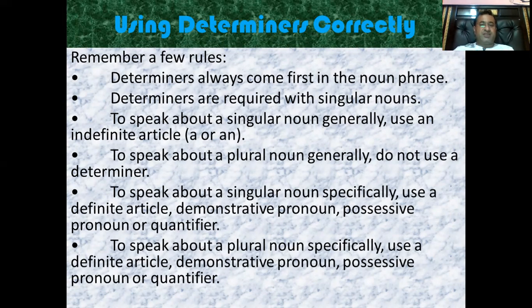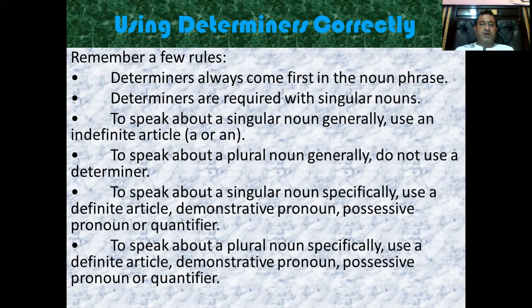When you are specific about something, then you will use the as a determiner. If you are talking about something general or generic, use an or a as an indefinite article. To speak about a plural noun generally, do not use a determiner.